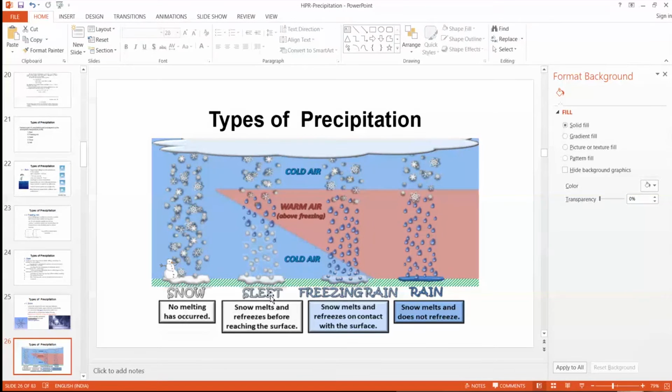So this is called sleet. Whereas for snow, the entire height is under freezing conditions. So whatever condensed snow forms reaches Earth's surface as snow. There is no phase conversion in its descent.